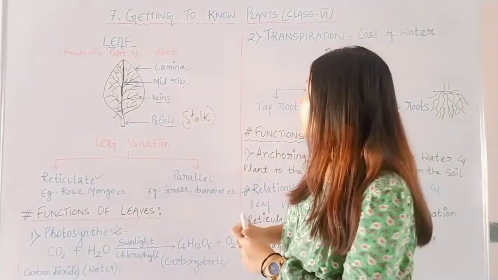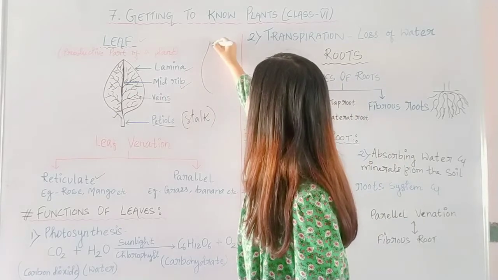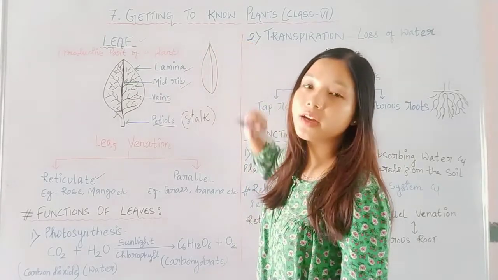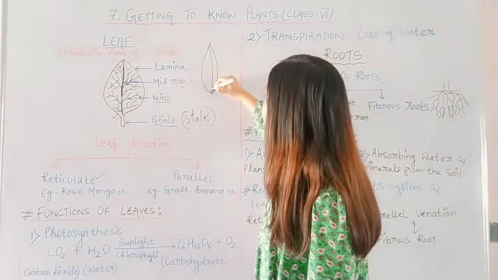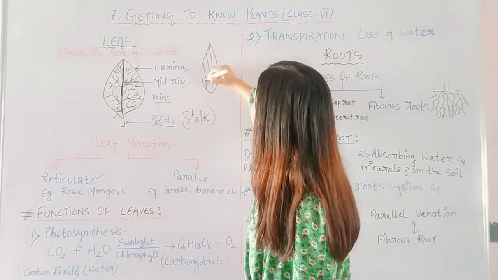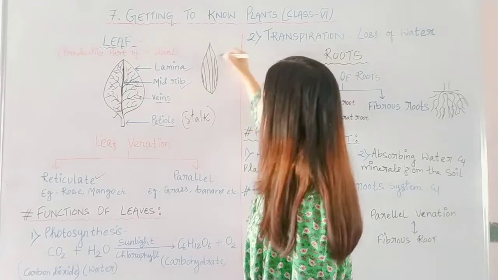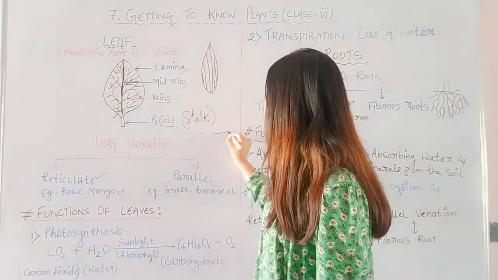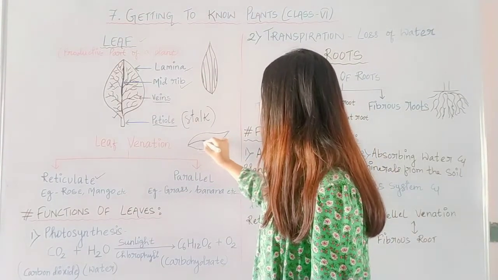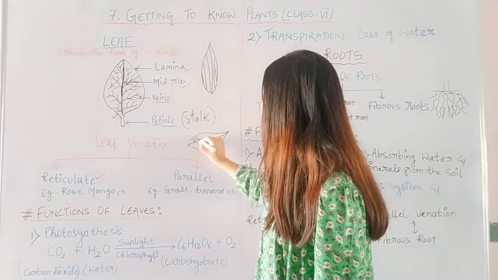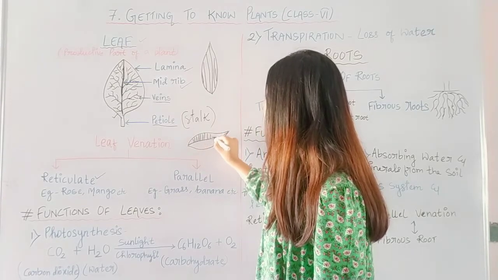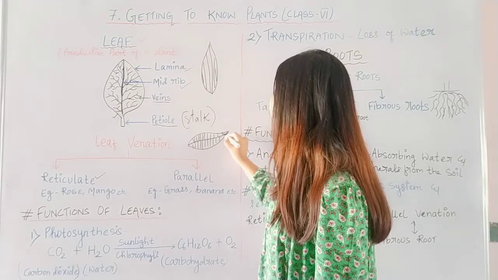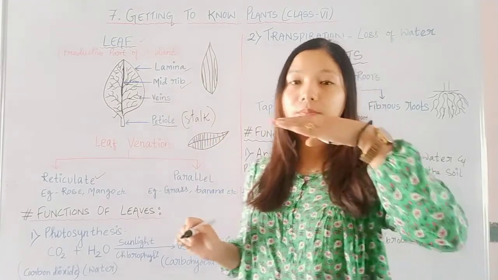Here, if this is the leaf of a plant and this is the midrib, you will find that the veins may be arranged parallel to the midrib, like in the case of grasses. Or the veins may be arranged parallel to each other but perpendicular to the midrib.